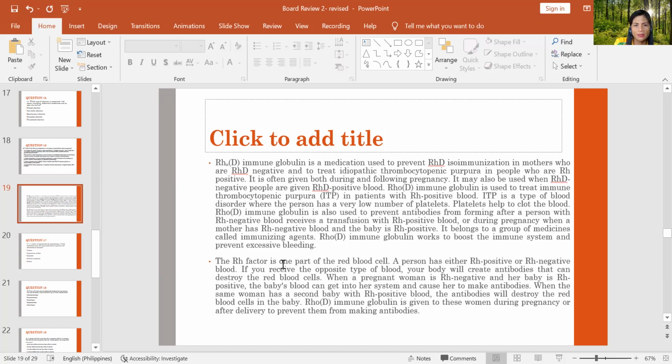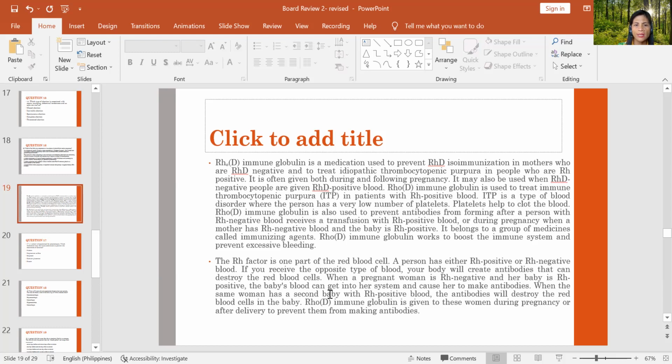The Rh factor is one part of the red blood cells. A person has either Rh positive or Rh negative blood. So if you receive the opposite type of blood, the body will create antibodies that can destroy the red blood cells. When a pregnant woman is Rh negative and her baby is Rh positive, the baby's blood can get into her system and cause her to make antibodies.